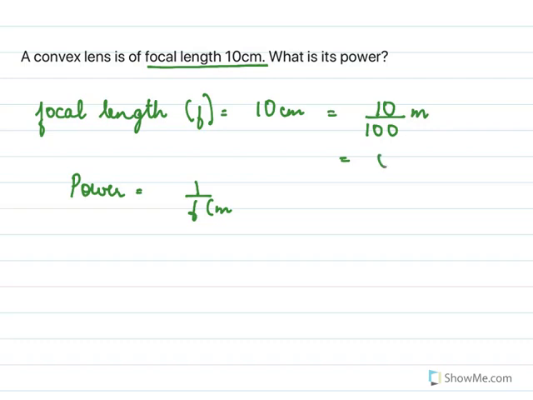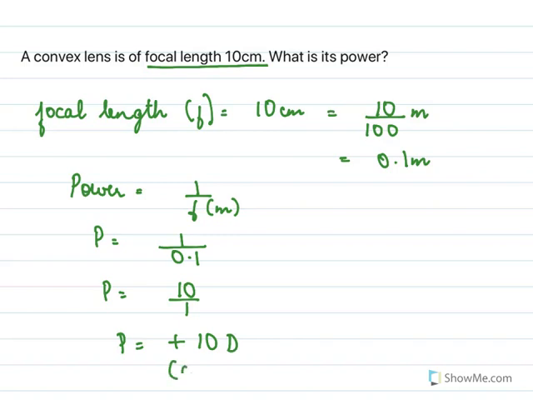So this will be now 0.1 meter. So power equal to 1 over 0.1. So remove the decimal, 10 over 1. So power equal to positive 10 diopter. Now why positive? Because it is convex. The power is plus 10 diopter.